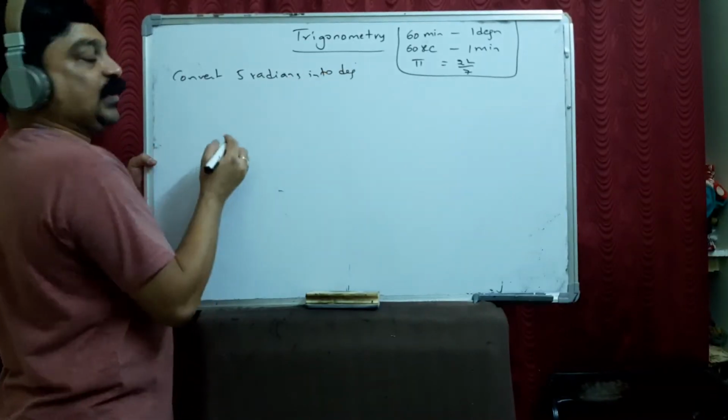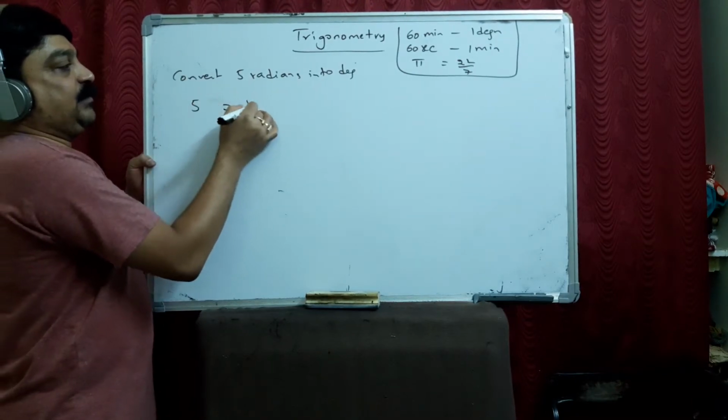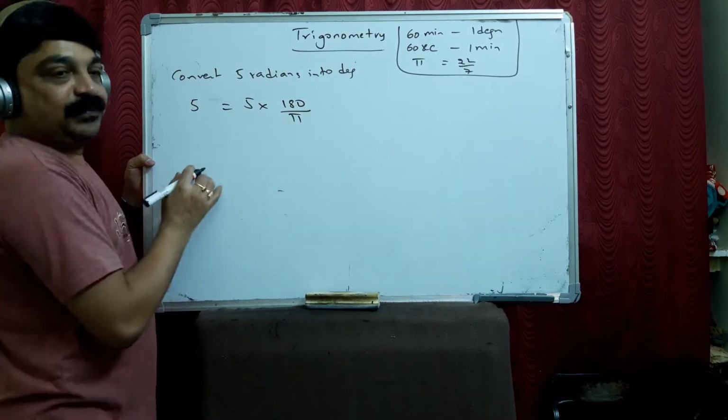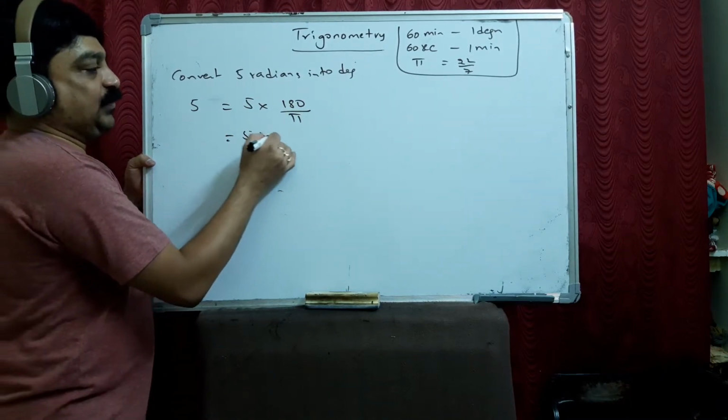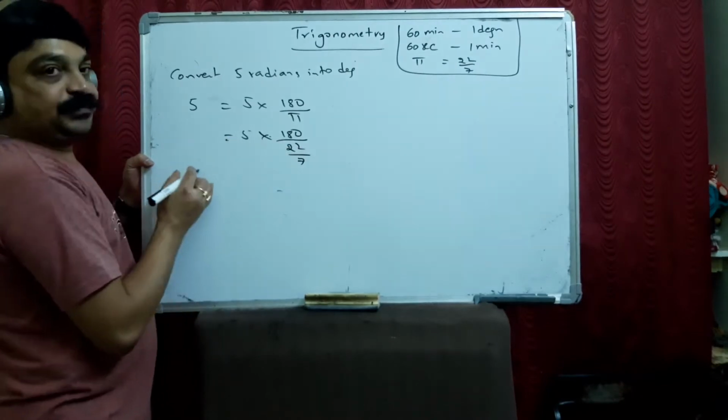How to convert it? 5 radians, 5 into degree 180 by pi. 5 into 180 by 22 by 7.